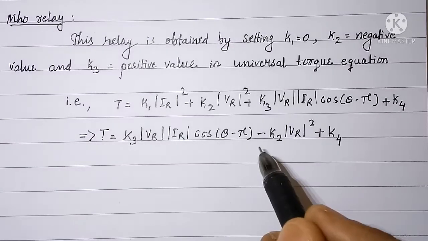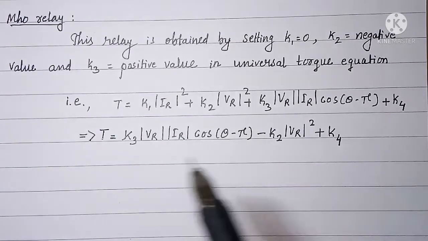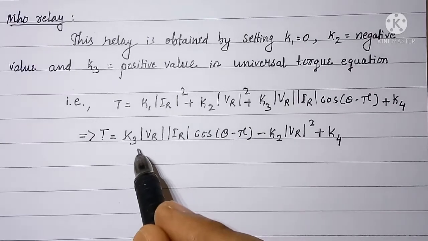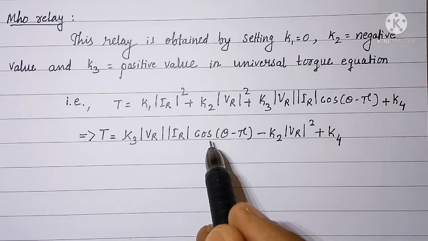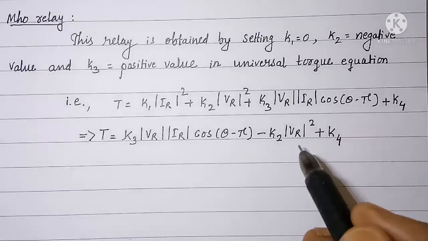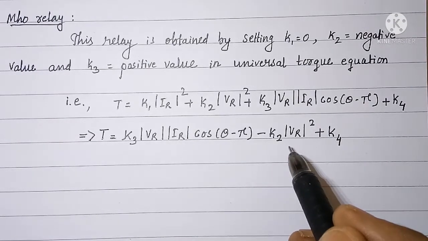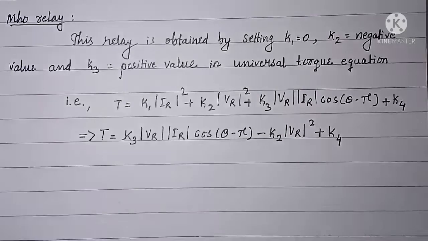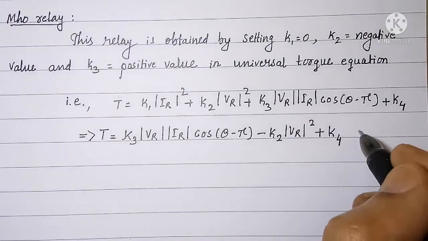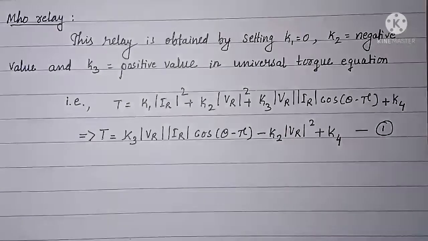So if we look at this equation, we understand that directional unit is now producing the operating torque and restraining torque is provided by voltage operated unit. Let us call this as 1 here.